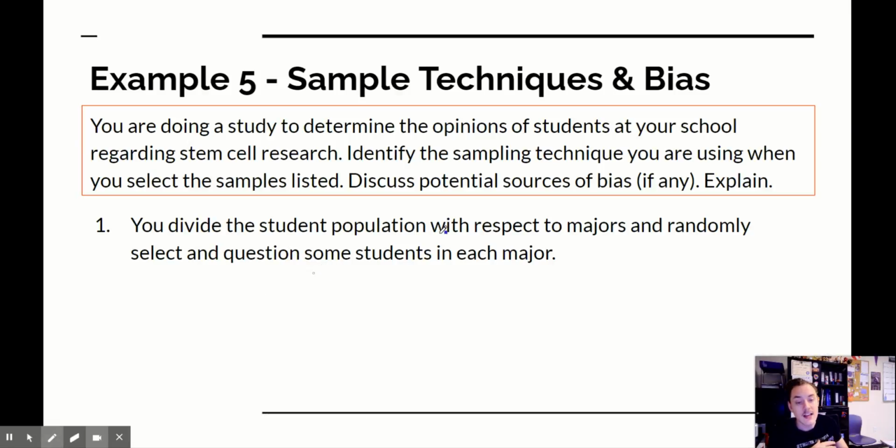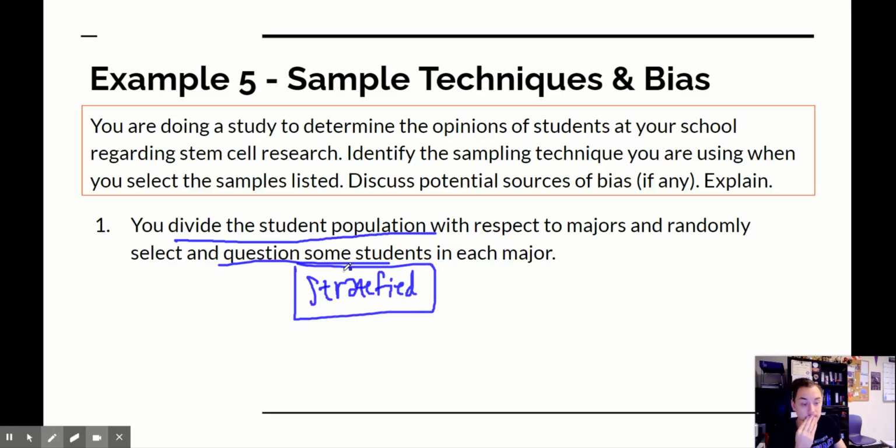What is this? Because you divide the student population, and then you randomly select and question some students within that major, this is what we call a stratified sample. Look back at your definition, but stratified is basically dividing into 2 or more subsets, and that's what you did.